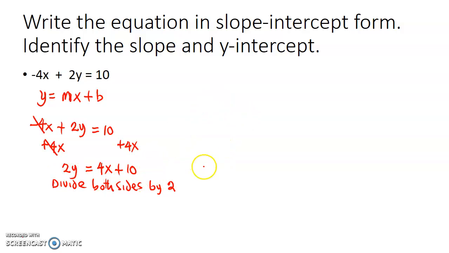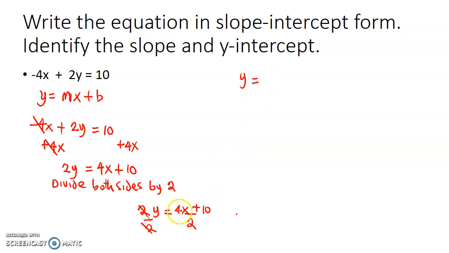So at the end of the day, 2y equals 4x plus 10, dividing both sides by 2. This is going to leave me with y equal to 4x divided by 2.